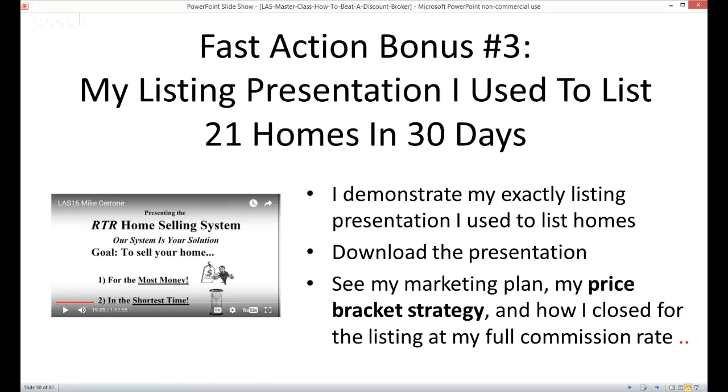Now, other agents do something similar. I was glad to see that, but I kind of had this unique way of doing it. What would happen is, when you get into that CMA and the presentation and the seller is pushing for a higher price, which is typically what you'd see, I was able to show them price brackets. And as long as they picked inside that price bracket, I knew we were going to be okay. What it does is it not only sets up the right price to start, it automatically sets up price reductions.